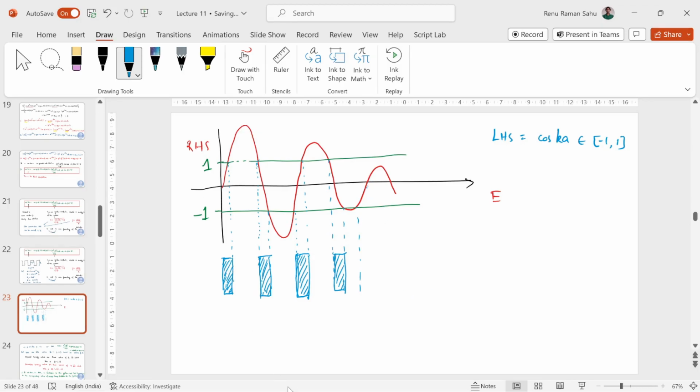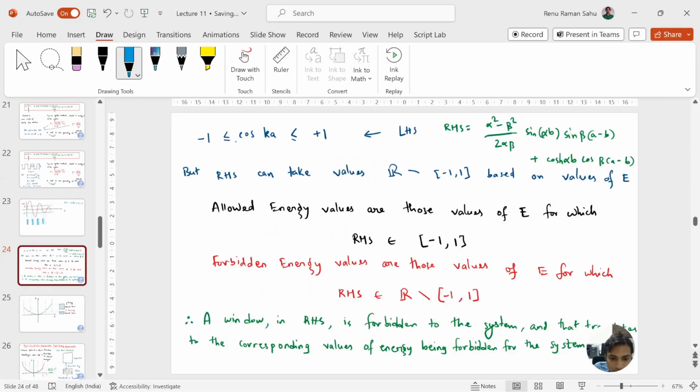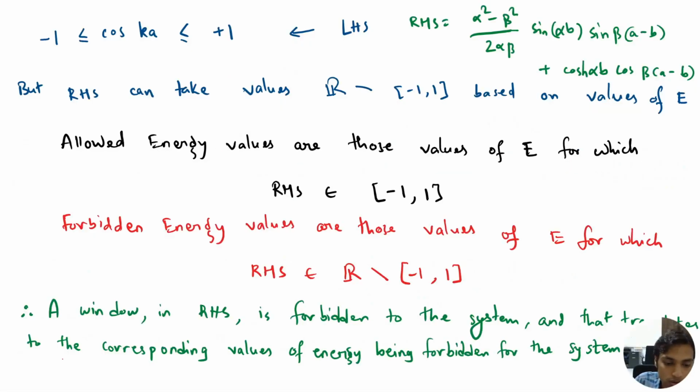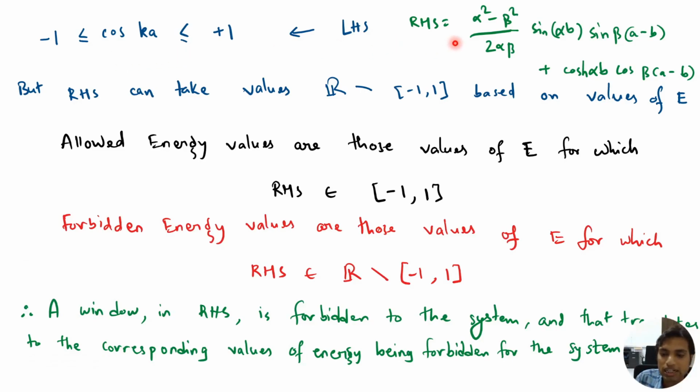So I hope this explanation is clear. Since cos Ka is between -1 to 1, and RHS is this thing, RHS can take any values, even beyond -1 to 1, based on the values of energy.